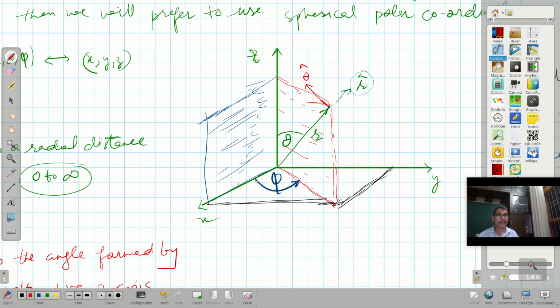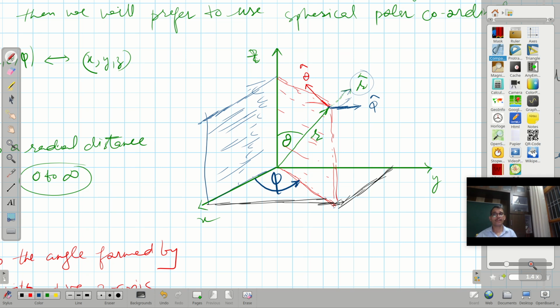Similarly, if it is going like this, because phi is advancing in this direction, and if I draw a tangent at this point, then this is known as phi cap.